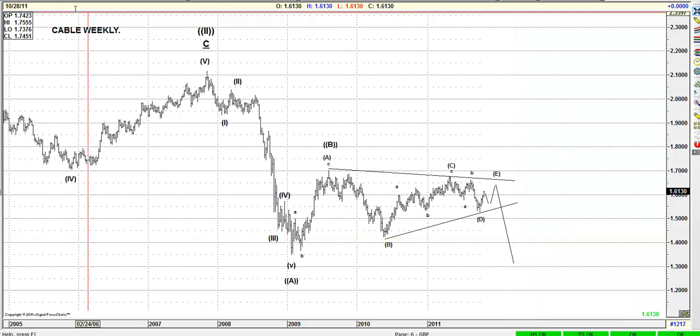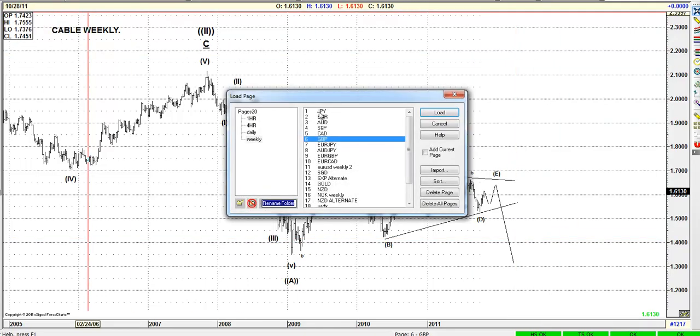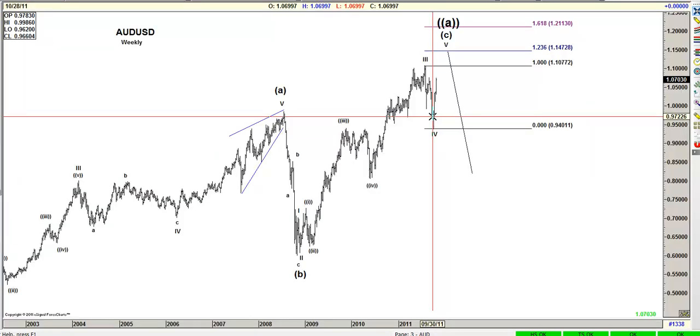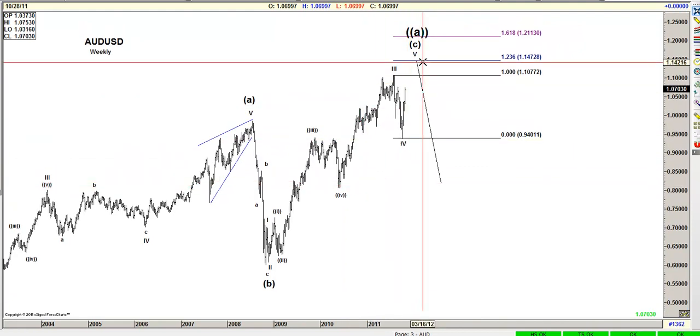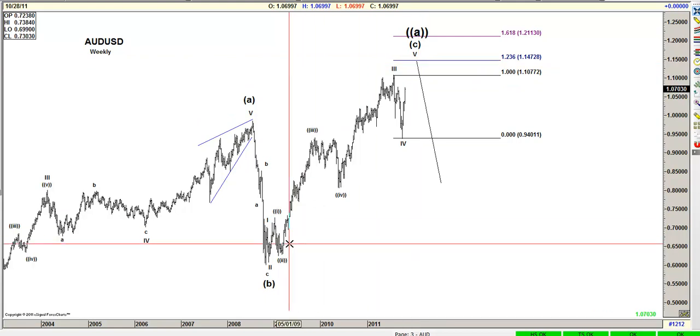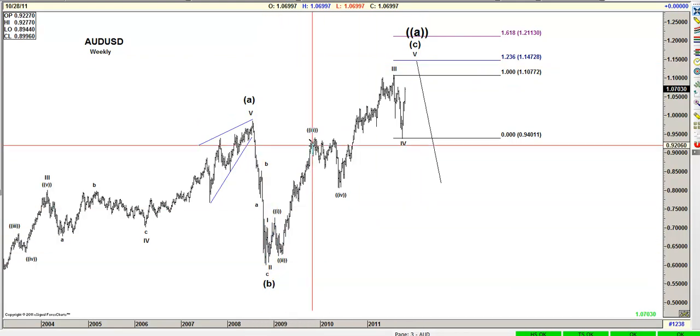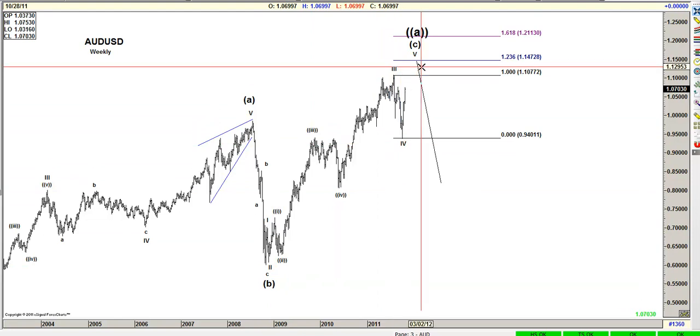Now, another pair that is very interesting is the Aussie. You can see the Aussie two ways. One way goes with the euro and the dollar making another low in a diagonal, when you have 1, 2, 1, 2, 3, 4, 5 and a new high.